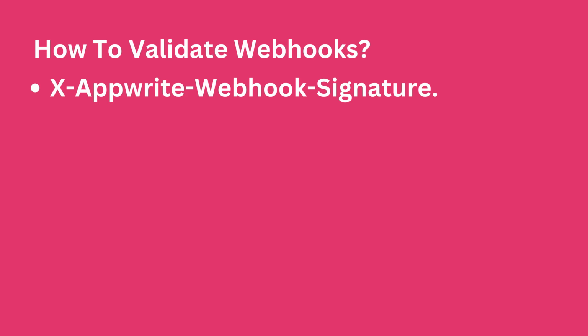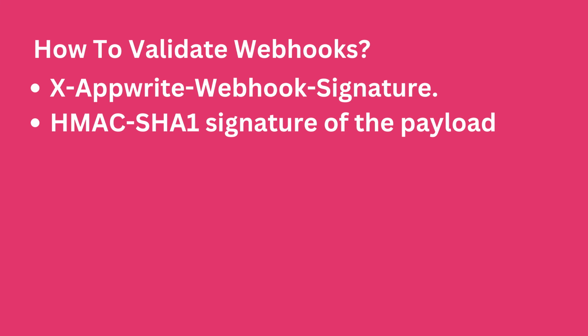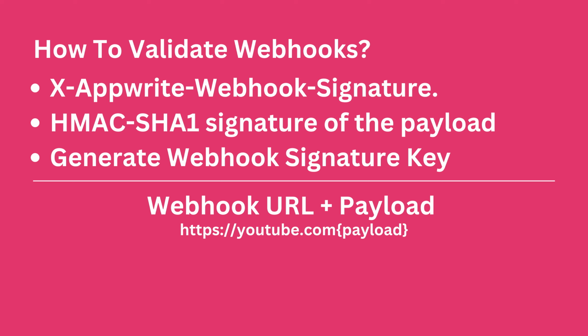So how are we going to validate the webhook in Appwrite? Appwrite includes a special header in each webhook request. This header contains the HMAC SHA1 signature of the payload, which you can use to verify the request's authenticity. It requires two components: the webhook URL and the payload in a stringified format.